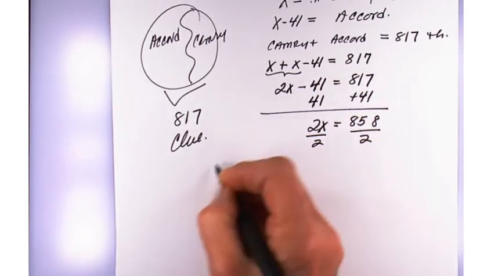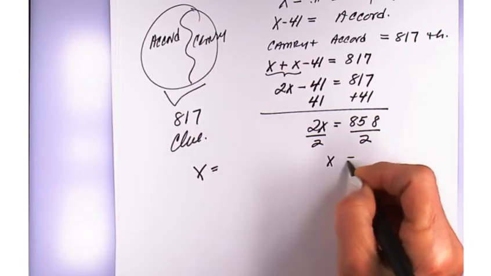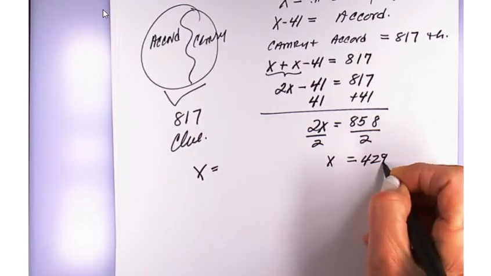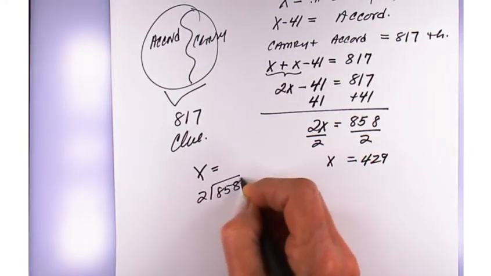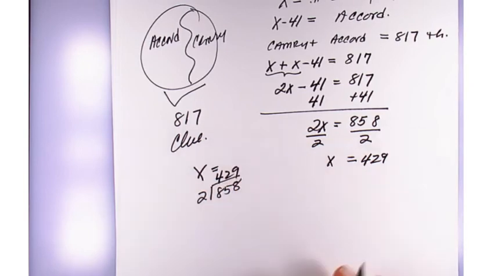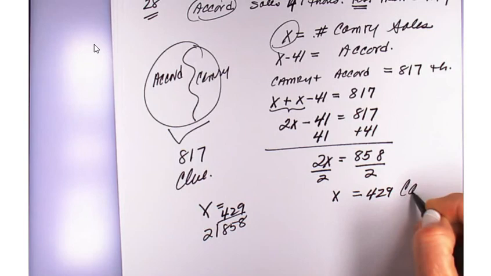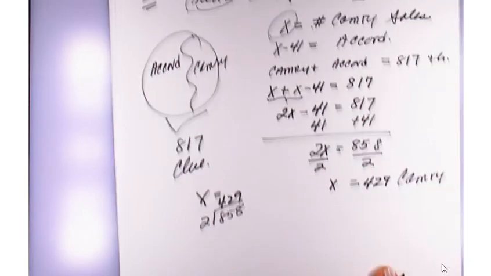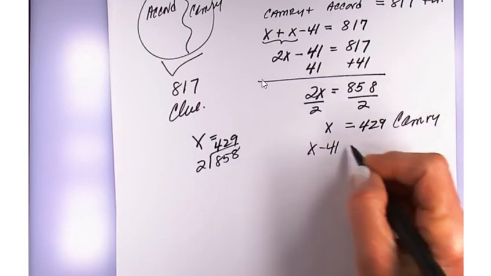So now x is going to equal 429. So you divided 2 into 858, and you got 429. You look up here, x is Camry. x minus 41, I'm going to subtract 41.